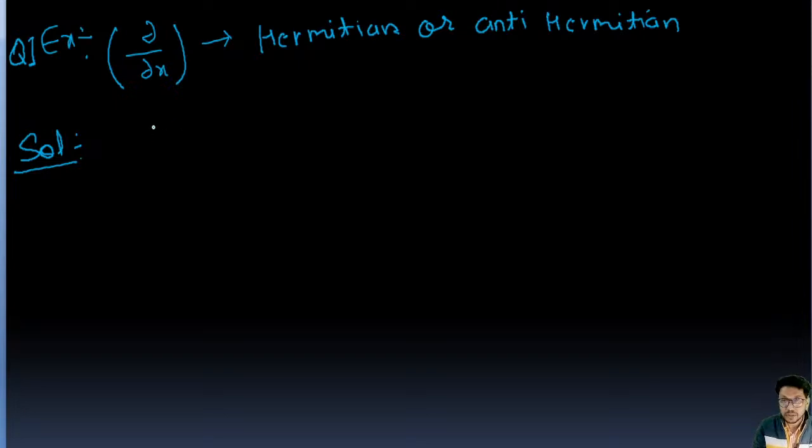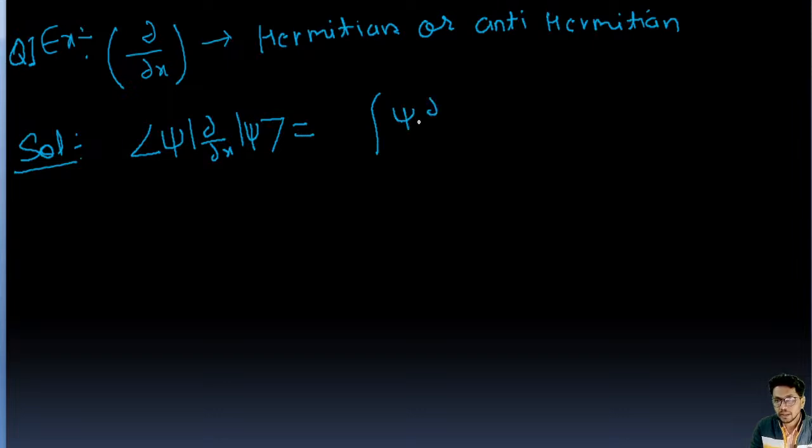So we know this psi, this is an operator, so psi dx upon psi, this we'll find out. So we can write this like this: integration of psi star del over del x psi dx.